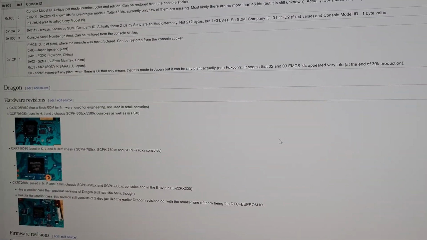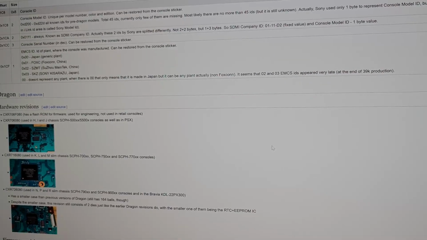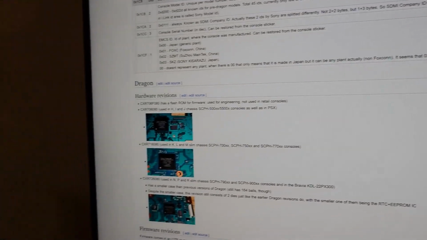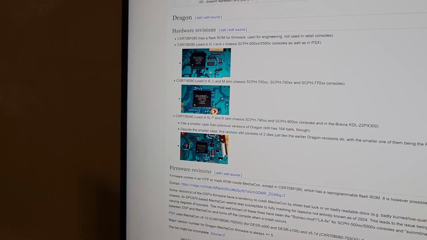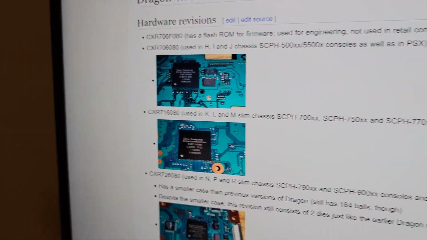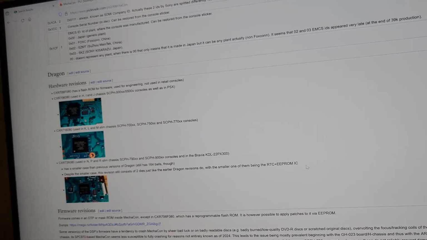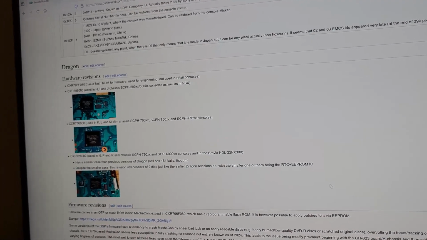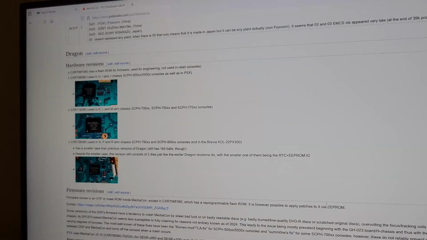See if it's in here. And then they got some there saying that they were used for retail consoles. There's the ones for the slim models. There are two dies and they have the RTC and the EEPROM IC right in them.